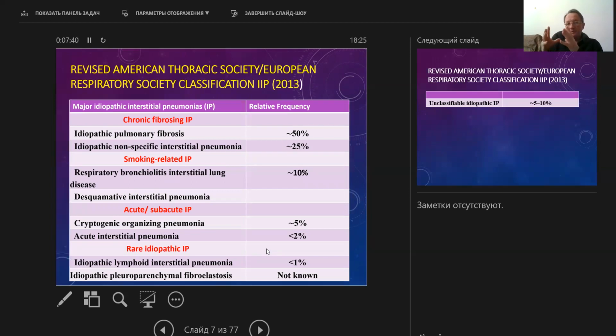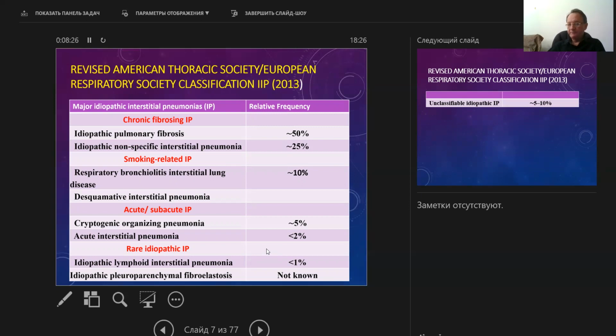According to the revised American Thoracic Society and European Respiratory Society classification of idiopathic interstitial pneumonia, now we have several groups, including chronic fibrosing interstitial pneumonia, including idiopathic pulmonary fibrosis, approximately 50% among all idiopathic interstitial pneumonia, and idiopathic non-specific interstitial pneumonia, 25%.